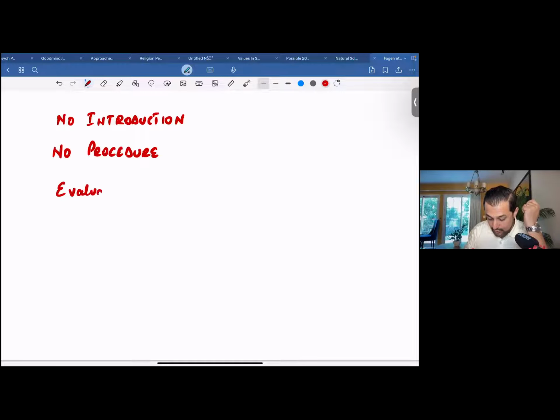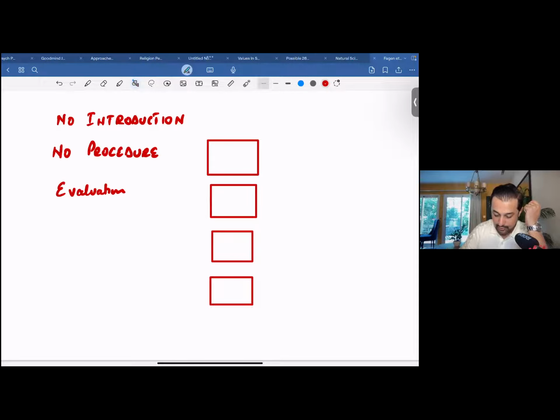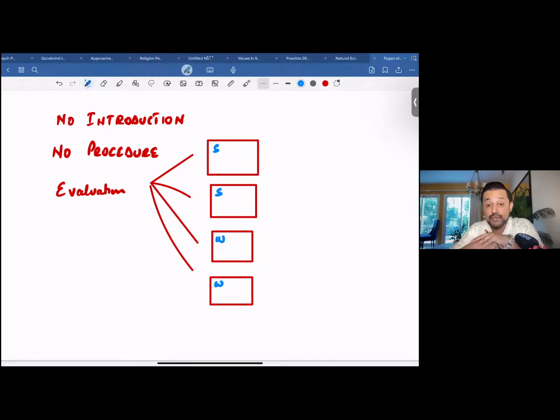You are expected to give 4 evaluations, 2 of them in terms of strengths and 2 of them in terms of weaknesses. So 4 evaluative points are expected from you. That is 2 strengths and 2 limitations or weaknesses. Now, many students end up asking this question: do we always have to write down a strength, a strength, and then a weakness, a weakness?